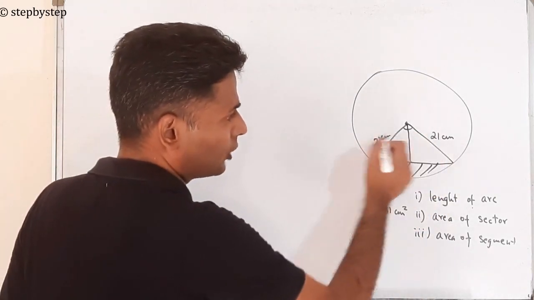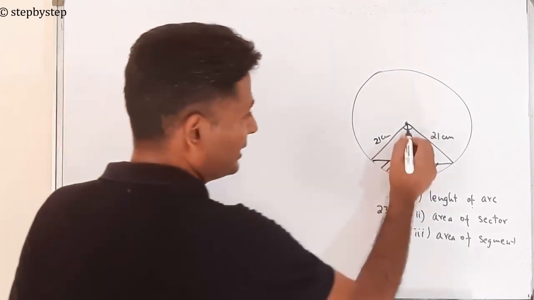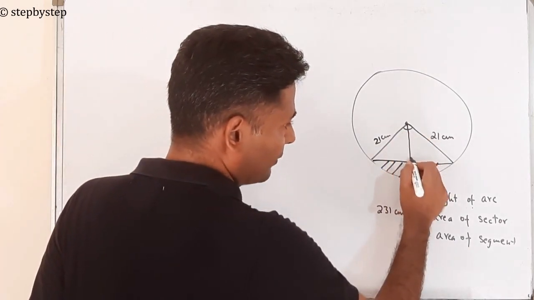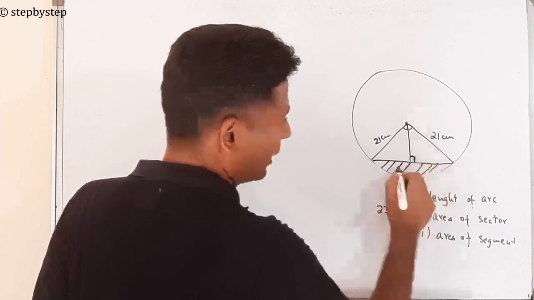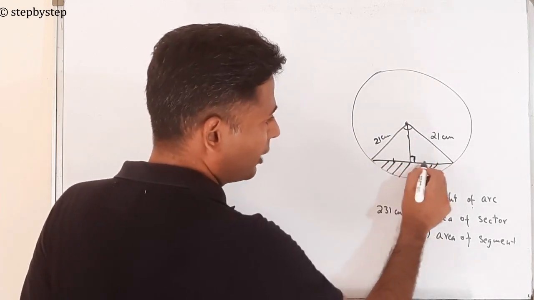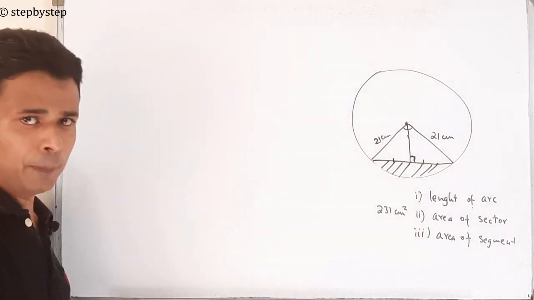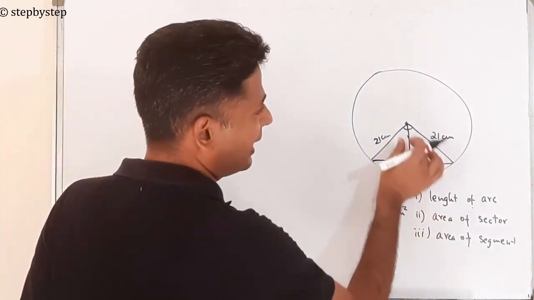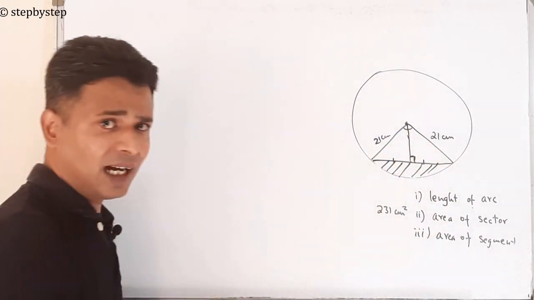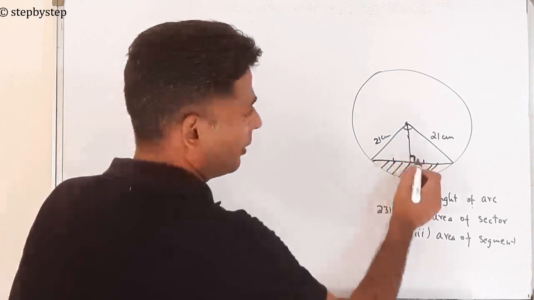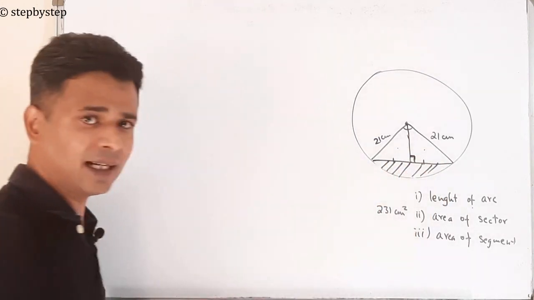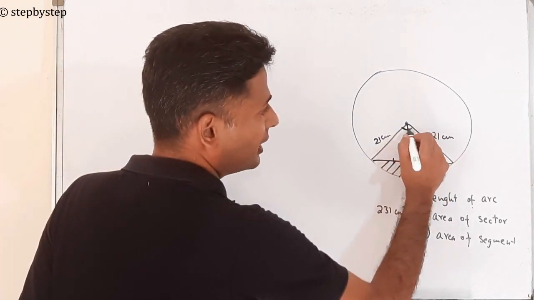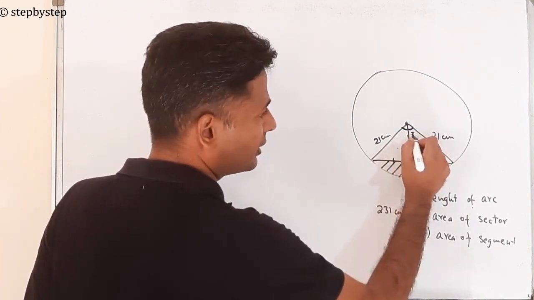So this is an isosceles triangle, which means the height will also be the median. So the height itself will divide the opposite side into 2 equal parts. Now it will also be the angle bisector. Why? Because if you can prove that this triangle and this triangle are congruent, it will also bisect this angle.